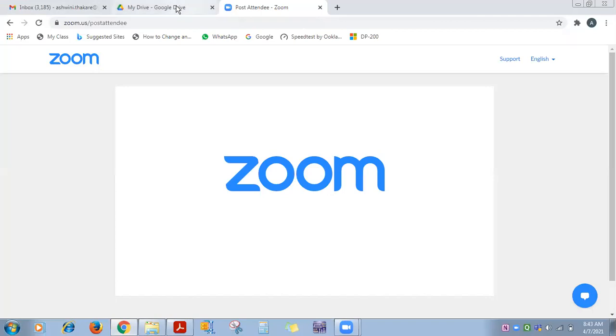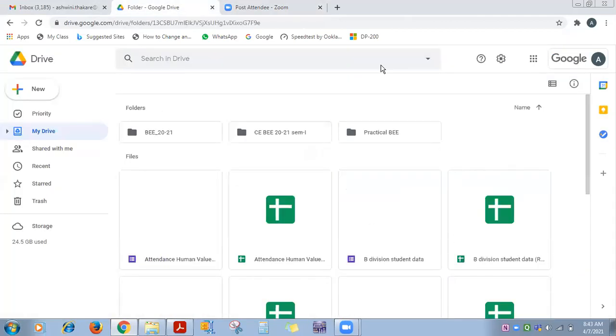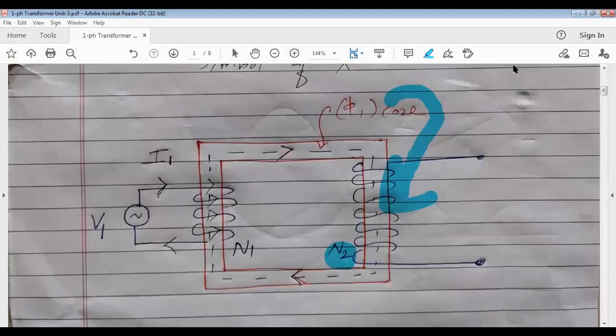EMF induced. Correct. EMF will get induced in the secondary turns, and that is marked as E2.